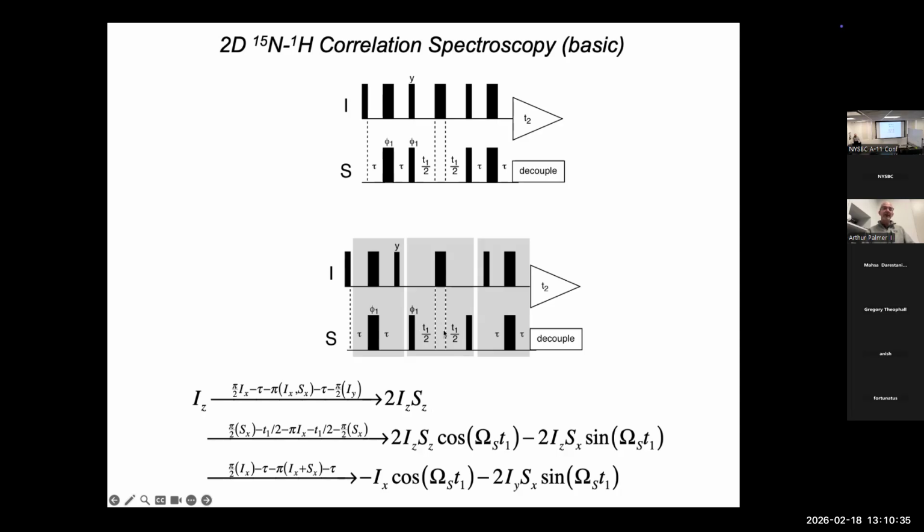First of all, are there any pulses on the S spin? No. So the chemical shift is going to evolve for the S spin for a total time T1. But there's a 180-degree pulse on the I spin. So what's going to happen to the J coupling?